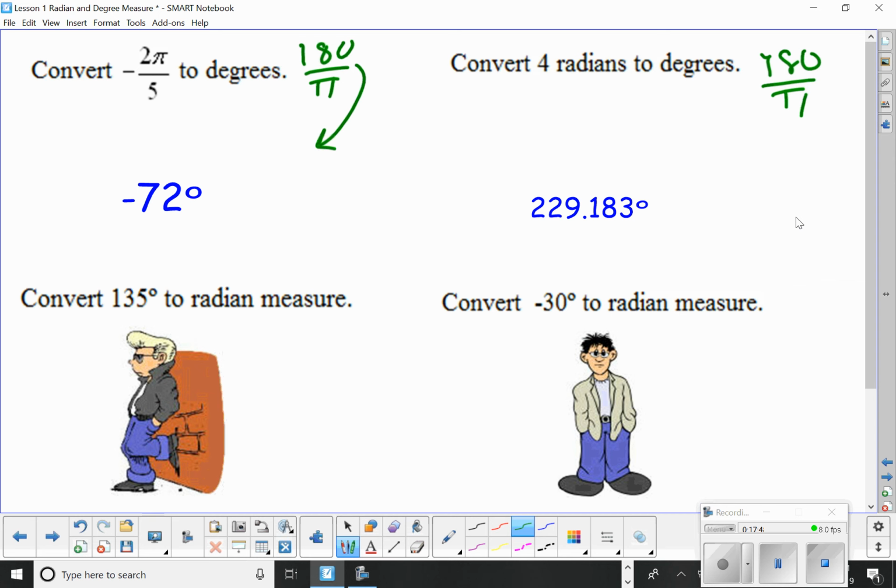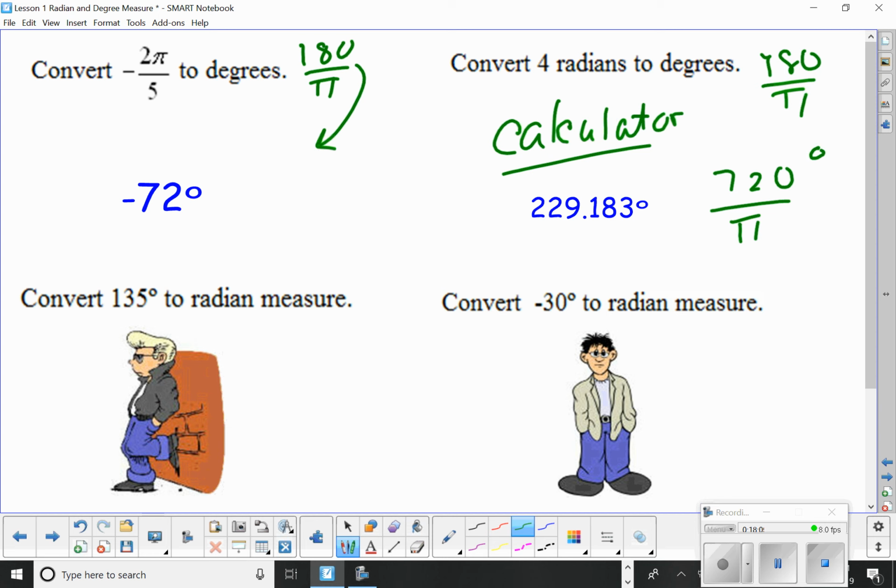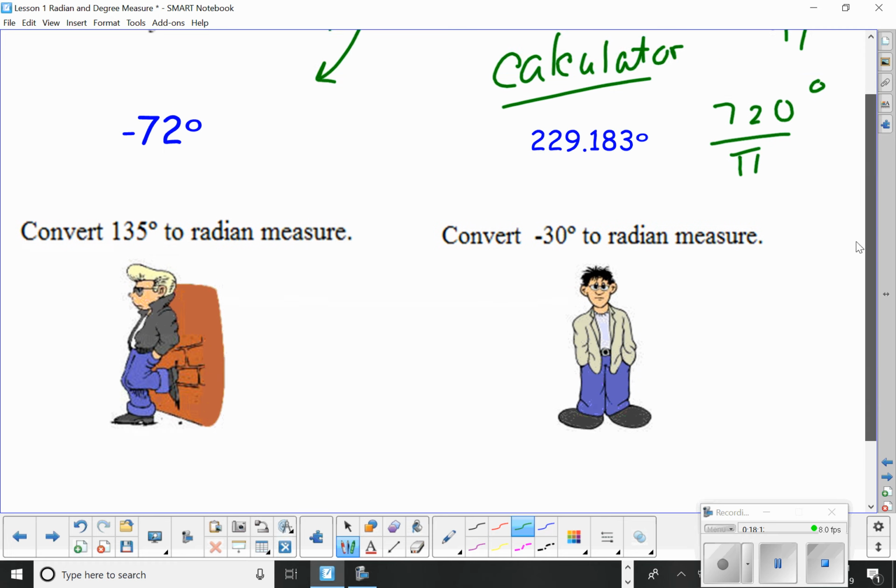So this is definitely a calculator problem. Otherwise, you would just do 720 over pi, and that would give you the 229. Without a calculator, you could give me this. With the calculator, get it down to decimals when you're talking degrees.